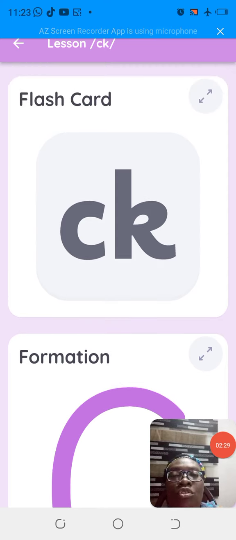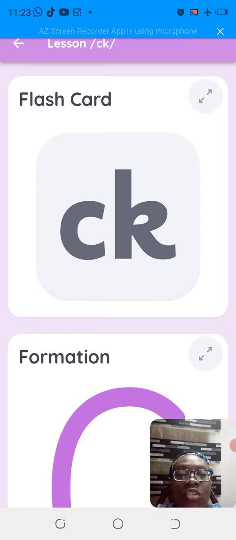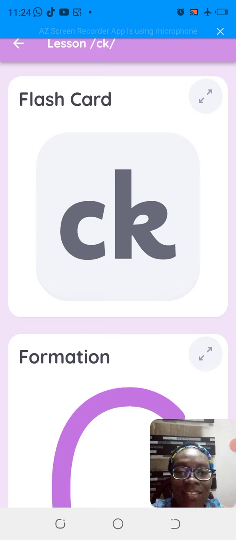Now, how do you pronounce the sound of letter C and letter K? The first thing you need to know here is that letter C and letter K have the same sound, exactly the same sound. Some people say letter C has a curly sound, and letter K has a kicking sound.